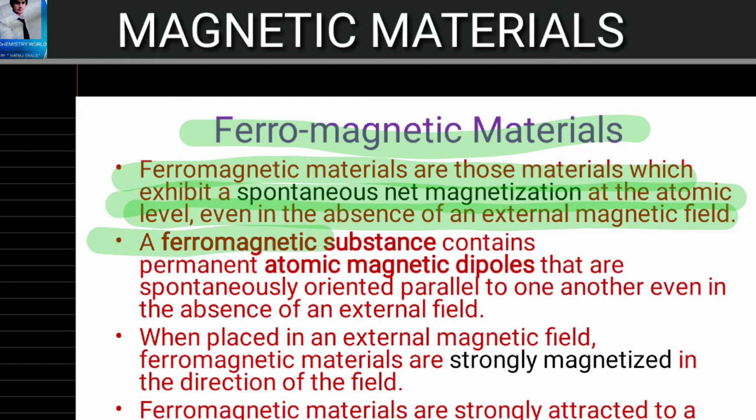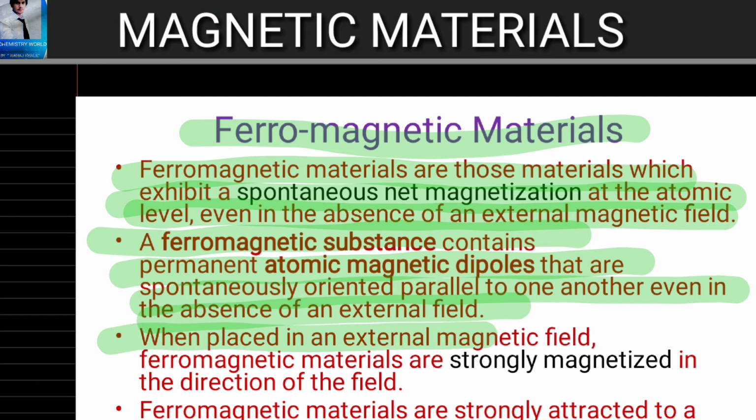A ferromagnetic substance contains permanent atomic magnetic dipoles that are spontaneously oriented parallel to one another, even in the absence of an external field. So when placed in an external magnetic field, ferromagnetic materials are strongly magnetized in the direction of the field.